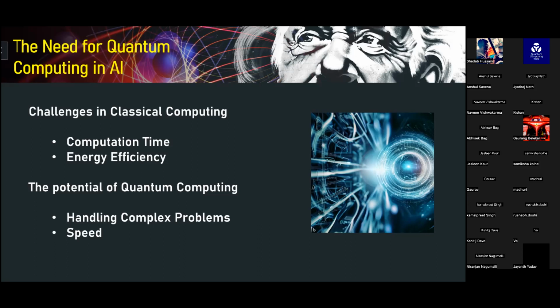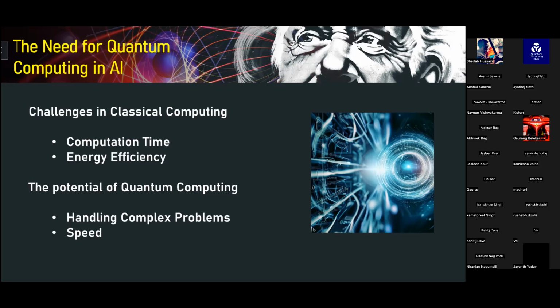It's a very lengthy process, and that's where quantum computing is gaining, or theoretically, once it is able to resolve the issues associated with it, is gaining the market, right? And when we talk about energy efficiency, as I have told, the OpenAI ChatGPT servers are actually consuming a lot of energy. So it's not very green in nature.